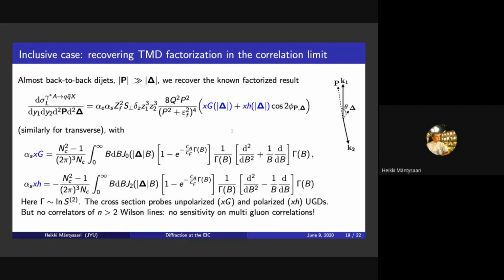And these distributions are basically functions of the 2-point function, or the dipole scattering amplitude. So they don't really measure the multi-gluon correlations.